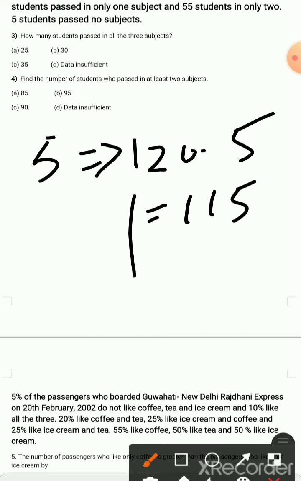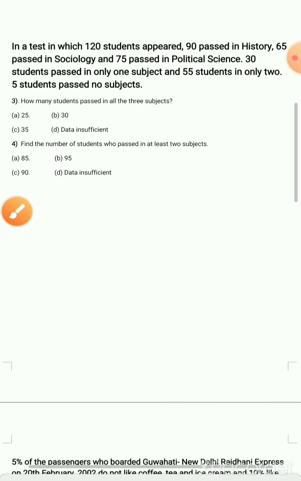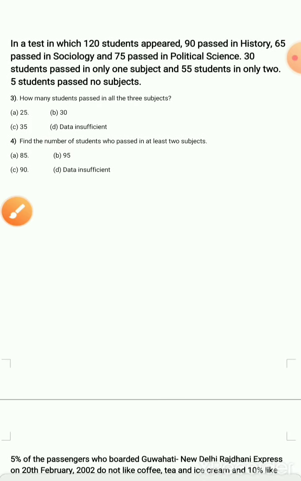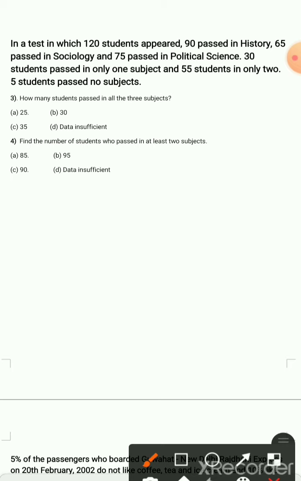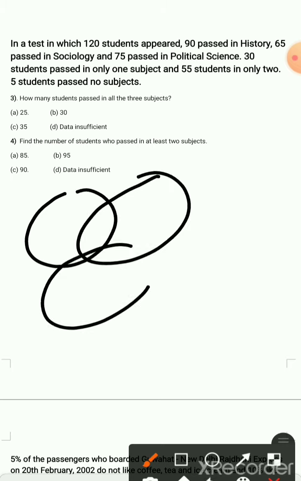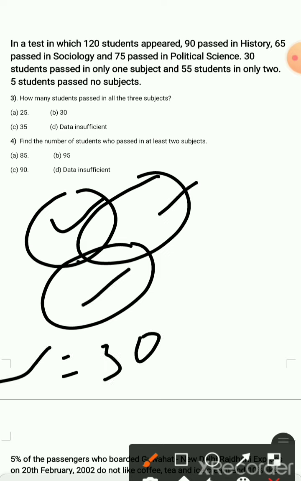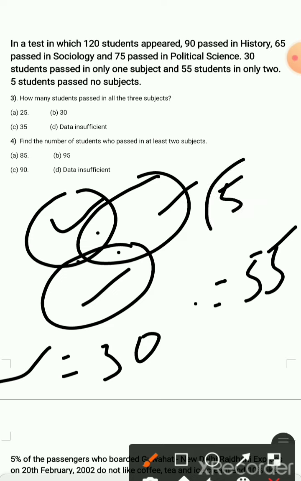So 115 students pass, and it is given that 30 students pass only one subject and 55 only 2 subjects. So we know this is 30 and this is 55. Okay, and this is 5.